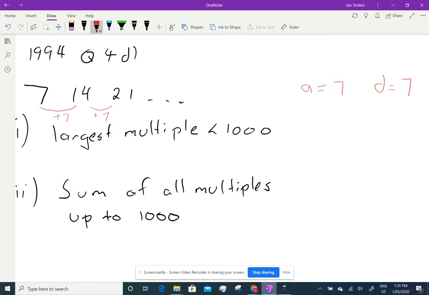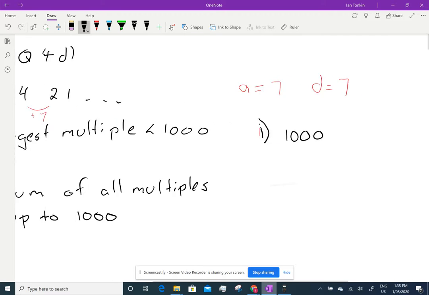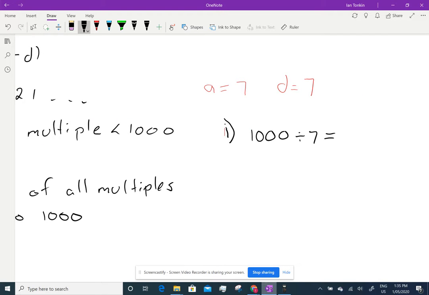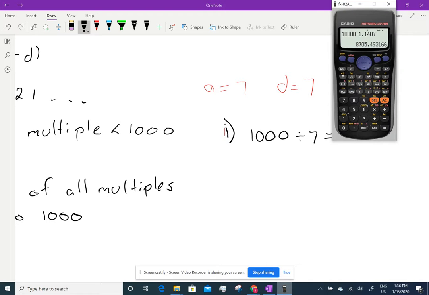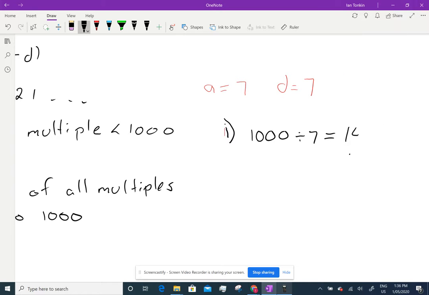Now, before you jump in and do a question like this on sequences and series, the largest multiple that's less than 1,000, you should think about that and go, all right, I'm just going to go 1,000 divided by 7, and you get your calculator out, 1,000 divided by 7, 142.8, blah, blah.